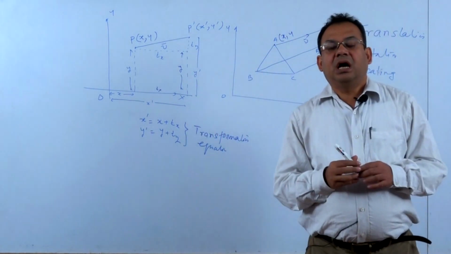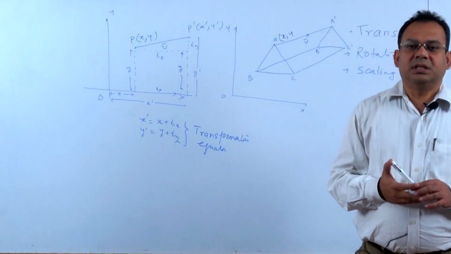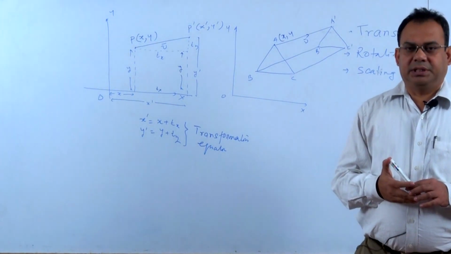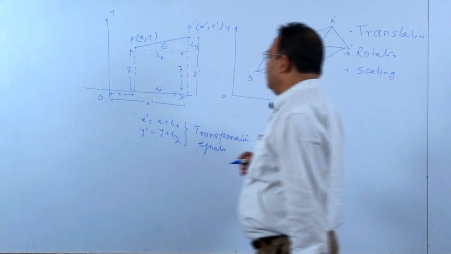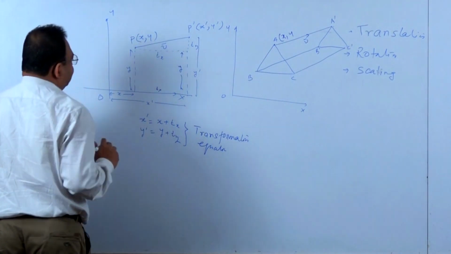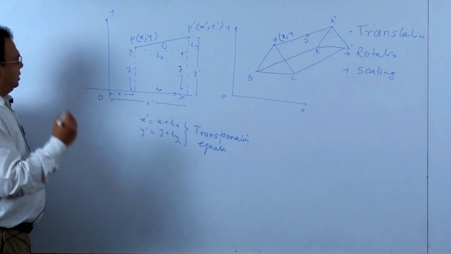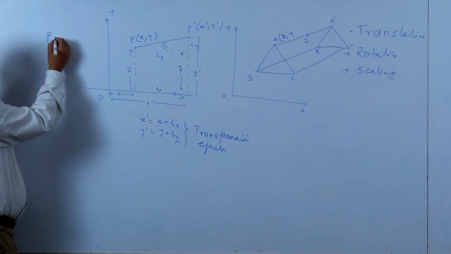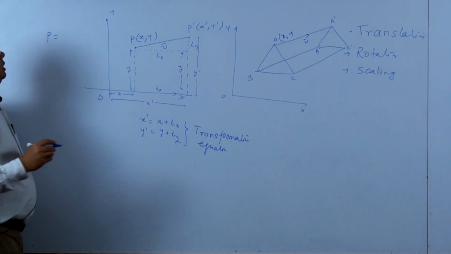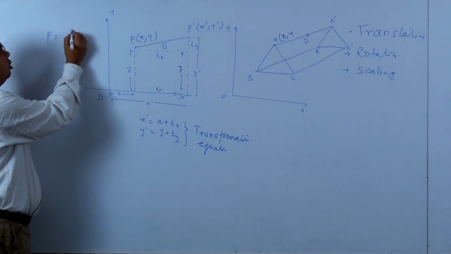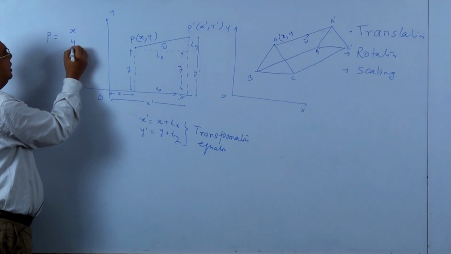Now let us see how those transformation equations can be represented mathematically. We know that any point P in the Cartesian coordinate system can be represented by a column matrix as x, y.